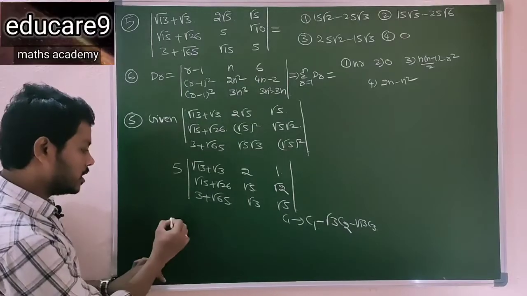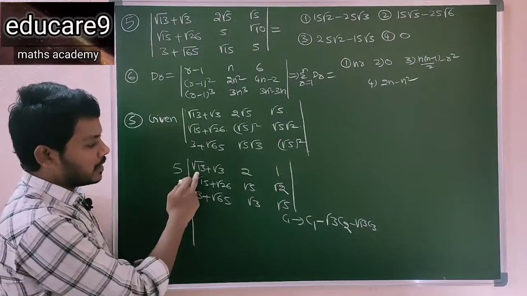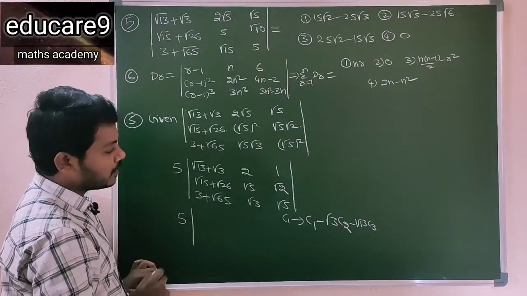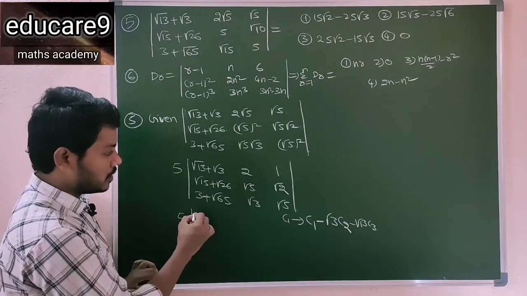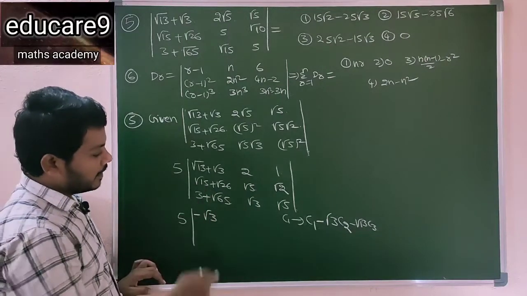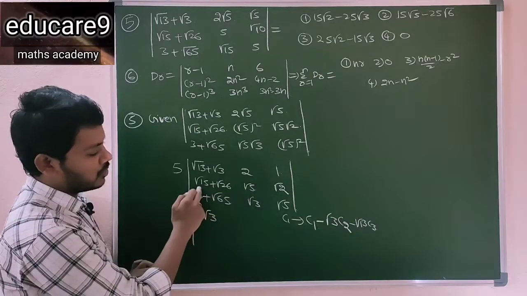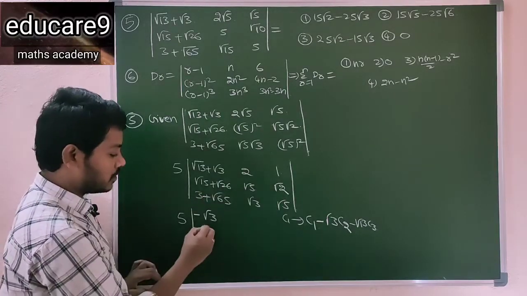Now this becomes 5 into, see here, root 13 here minus root 13, that becomes 0. And root 3 minus 2 root 3, that is minus root 3. Next here, root 15 minus root 15 is 0, root 26 minus root 26 is 0.